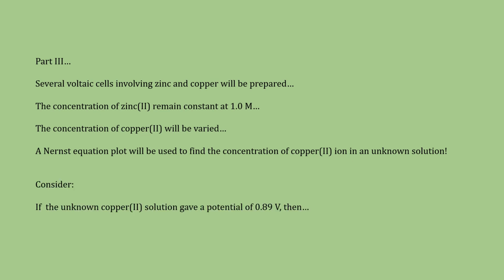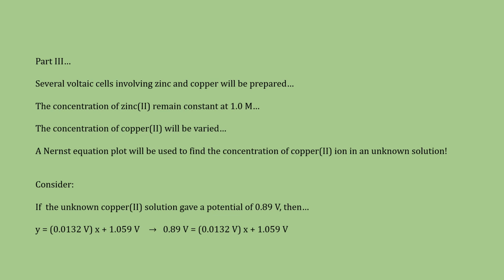Consider the following example. Imagine we produce the plot which appeared 2 slides before. We then measure the potential between a zinc cell and an unknown copper-2 cell as 0.89 volts. We take the equation from the Nernst plot that we produced, and we again solve for y, the measured potential.